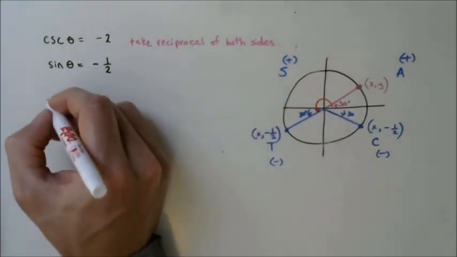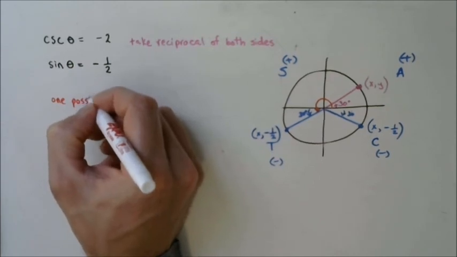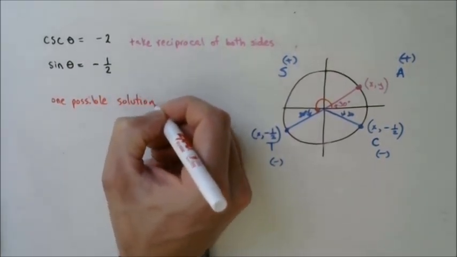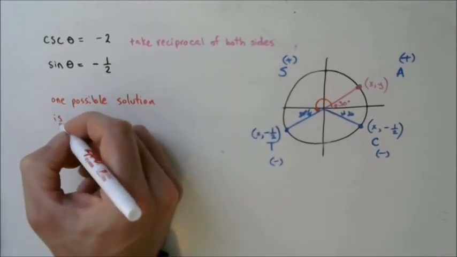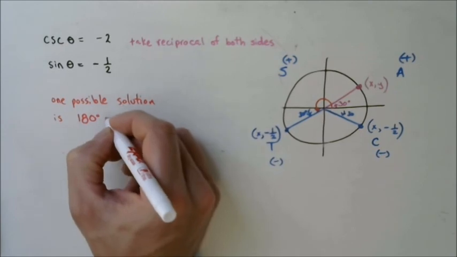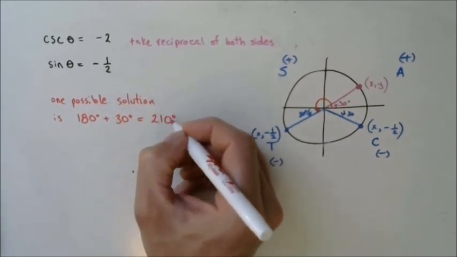So using our reference angle, okay, one possible solution is 180 degrees plus 30 degrees, which is 210.